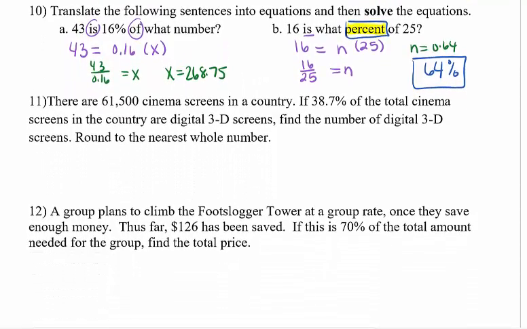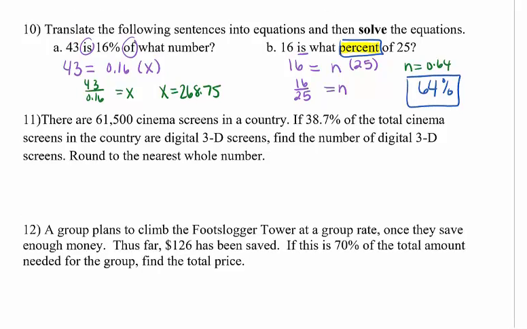All right, go ahead and read 11, try to set it up, and then press unpause and listen to me talk your way through this problem. There's a total of 61,500 cinema screens, 38.7% of the total. So of the total is the 61,500.